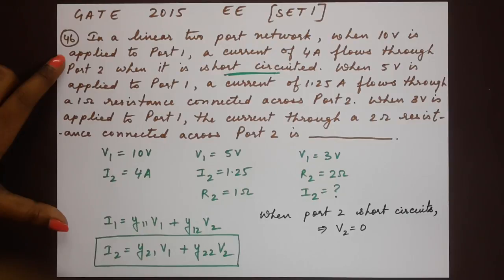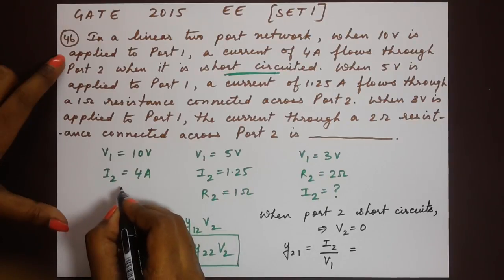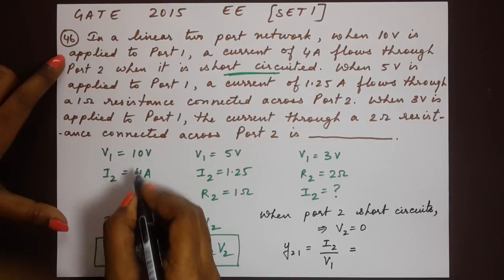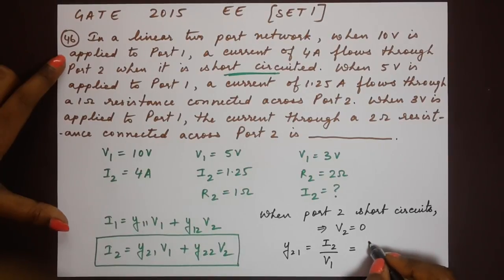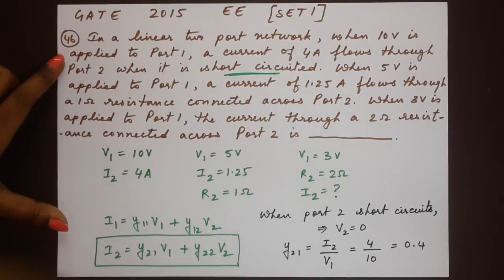So when V2 is equal to 0, we can find out what Y21 is. This term becomes 0. So let's substitute that. We will have Y21 is equal to I2 divided by V1. So this gives us the first case. We use the first case here. So that's 4 amps and 10 volts. So 4 divided by 10 gives us 0.4. So here Y21 parameter value is 0.4.